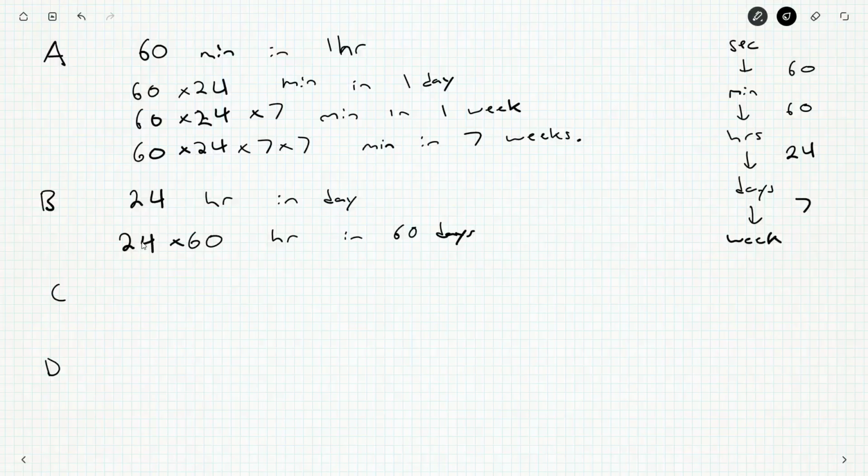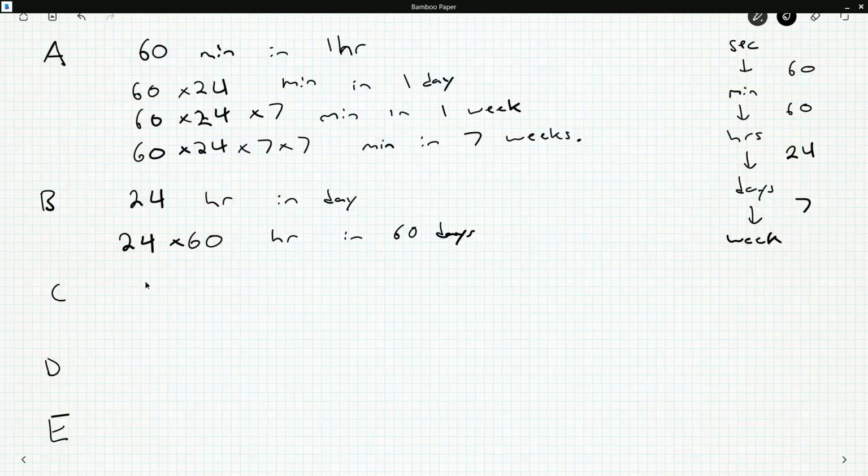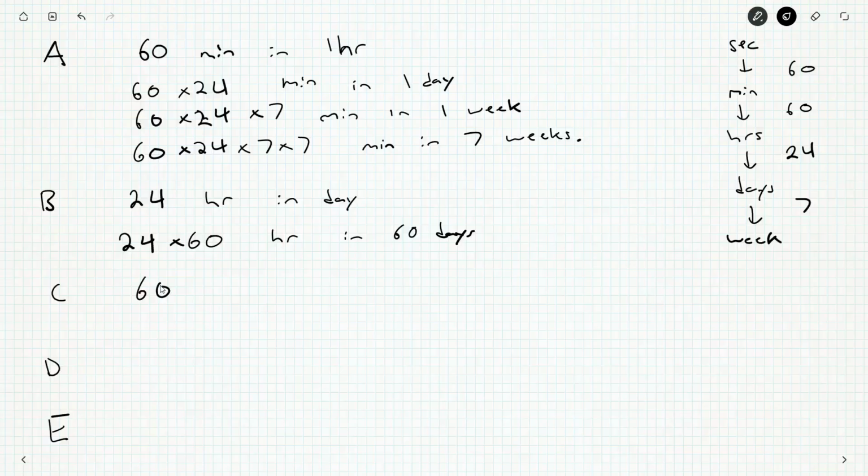We'll leave C, we'll leave D, we'll leave some space for E. Number of seconds in 7 hours. 60 seconds in a minute. 60 times 60 is seconds in an hour. 60 times 60 times 7 is the number of seconds in 7 hours.